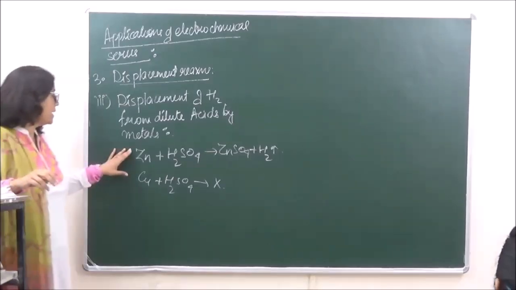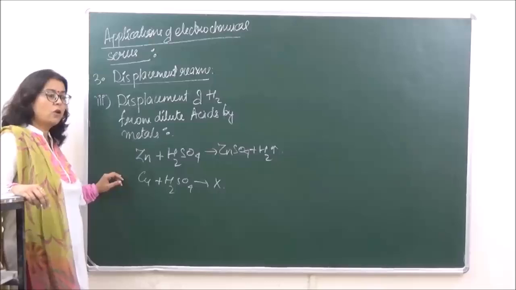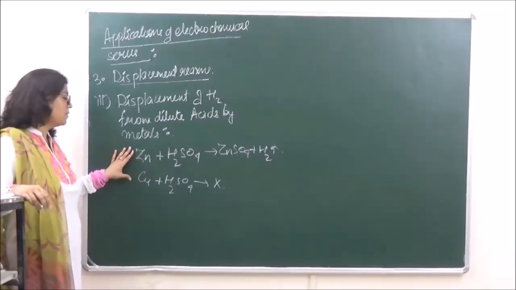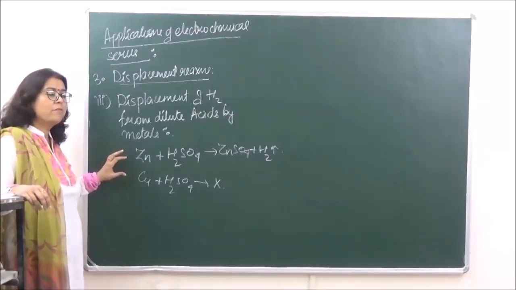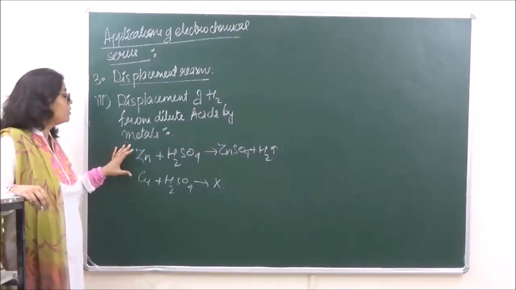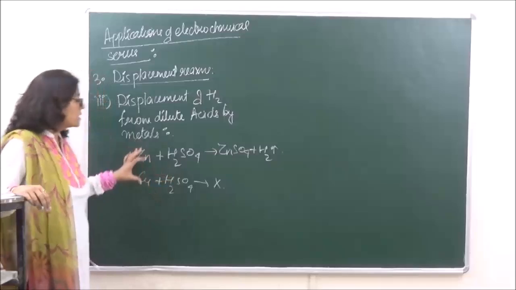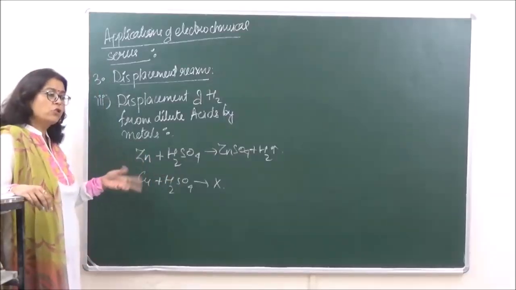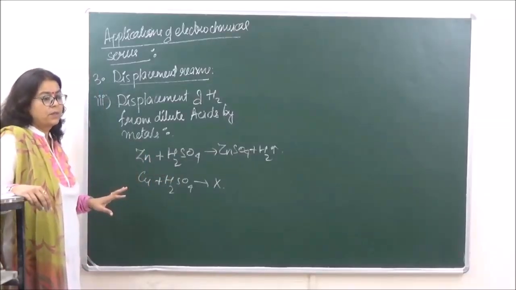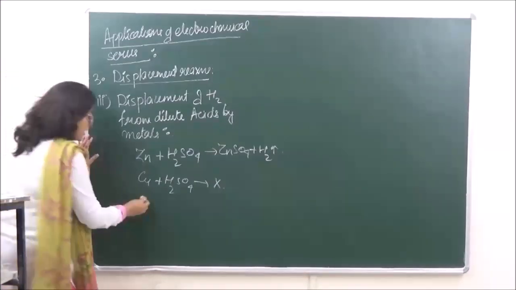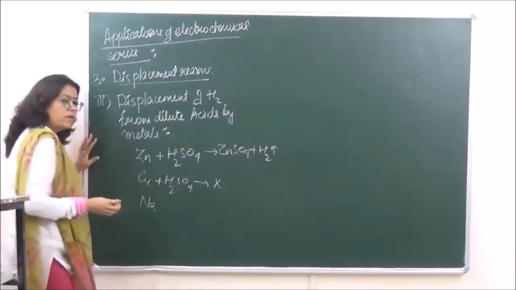Why am I again and again taking the example of zinc and copper? Because these are the two simple metals which we have used in the galvanic cell, and we know the values of both by heart. So this comparison study will also follow for other metals. For example, Na also has a negative value of reduction potential.